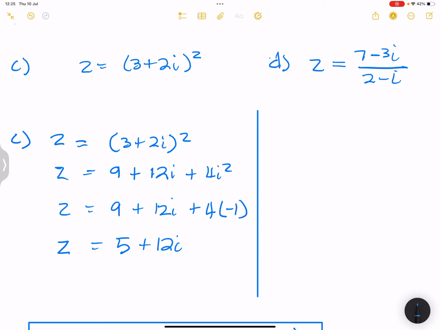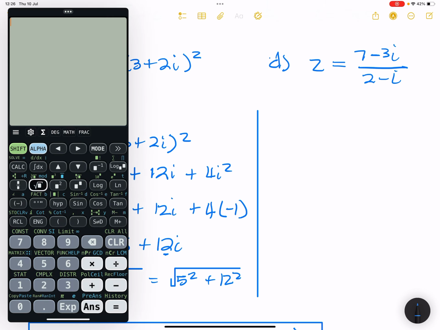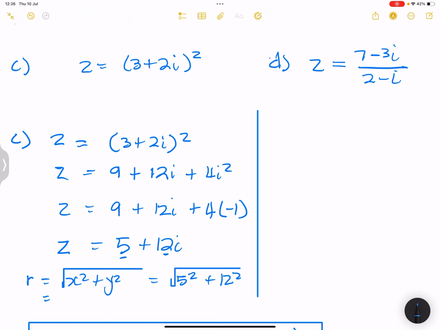But remember, we wanted to have this written in polar form. So what do we need to do? We firstly need to calculate the value for r. So x is 5, y is 12. That's going to be the square root of x squared plus y squared, the square root of 5 squared plus 12 squared. Without any waste of time, 12 squared plus 5 squared gives us 13.